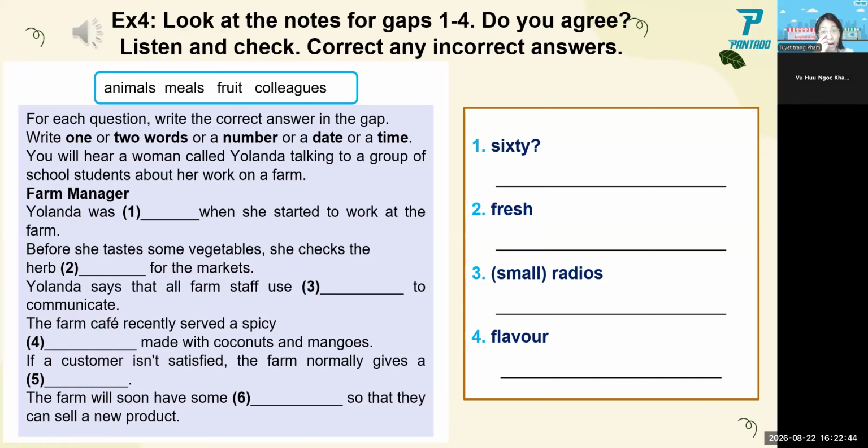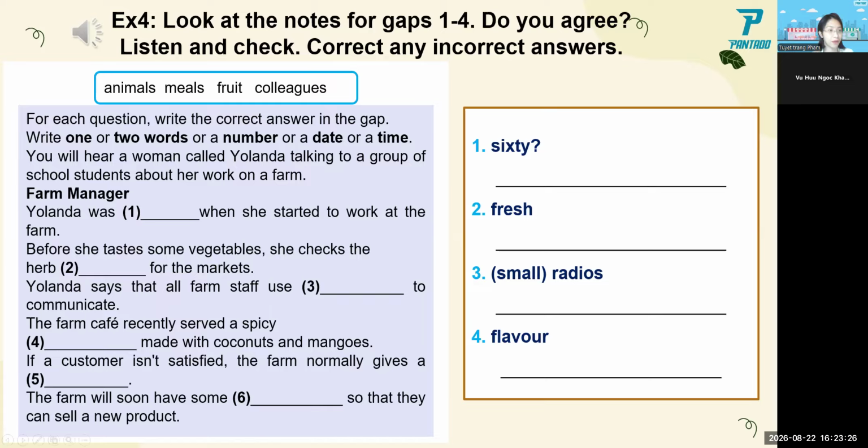Look at the notes in gaps 1 to 4. Do you agree? Listen and check. City, bread, small radios, flavor. Do you agree with this answer? Does it fit with the gaps?